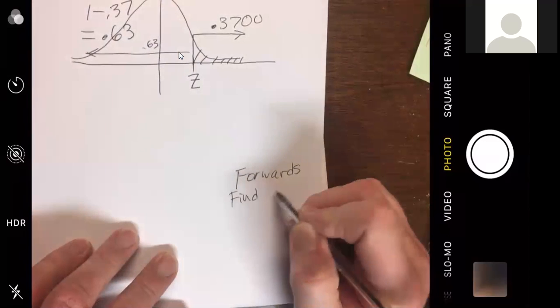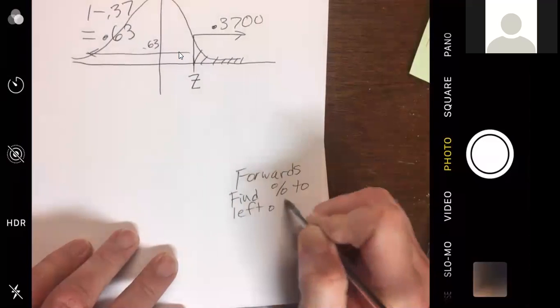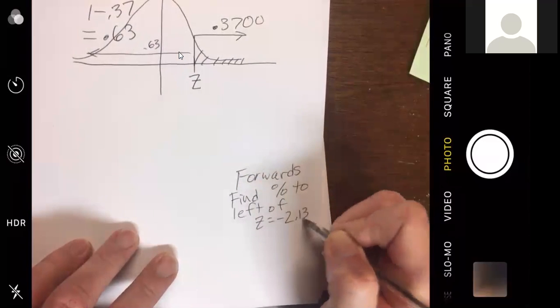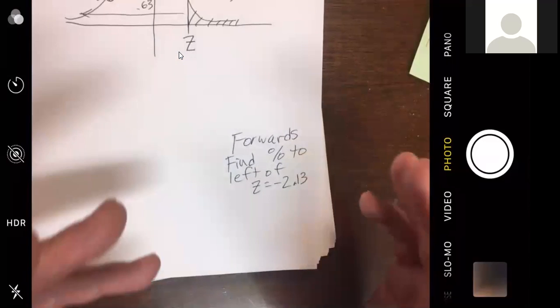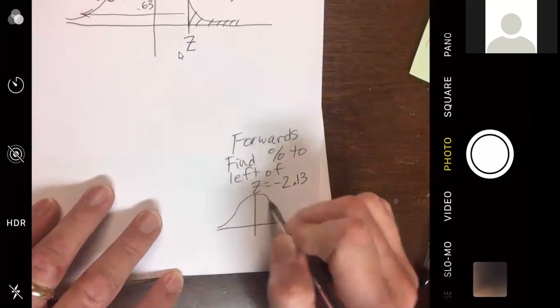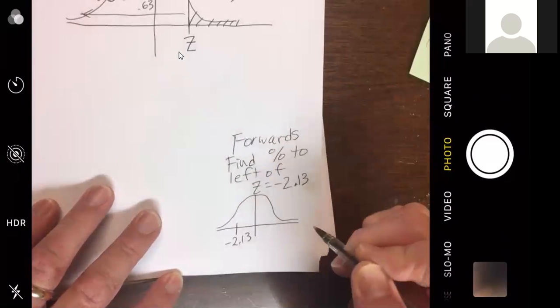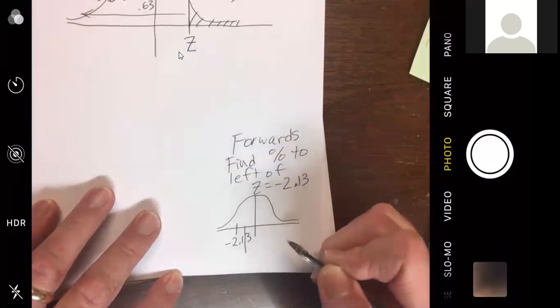Find the percent to the left of z equals negative 2.13. I'm just making this up, okay? So you know your negative 2.13 is on the left side. You're supposed to split off the 3.